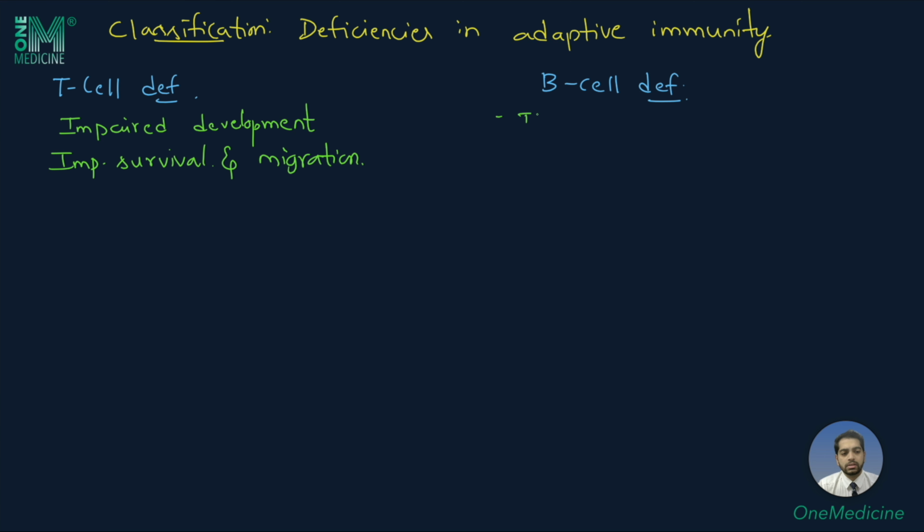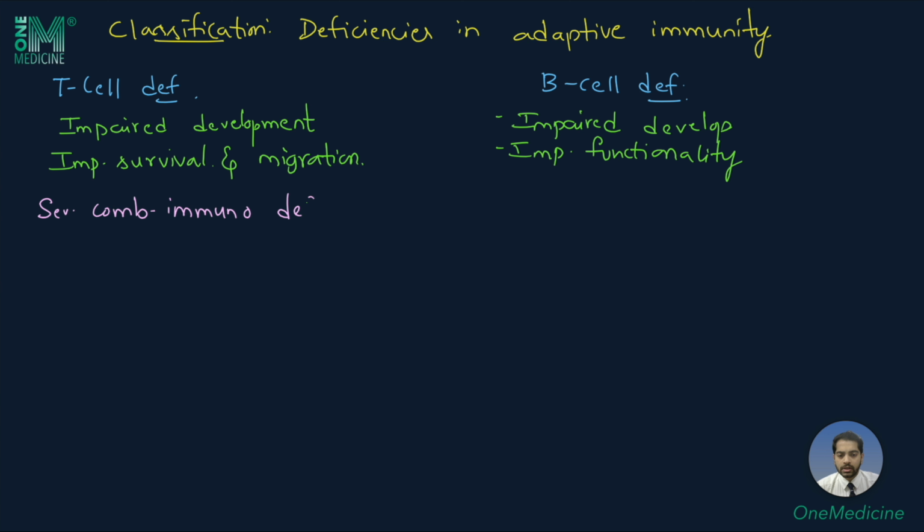B cell deficiencies can also have impaired development and impaired functionality. The classic examples of T cell defects include severe combined immunodeficiencies, or SCID in short, DiGeorge syndrome. There can be thymic hypoplasia in these patients.